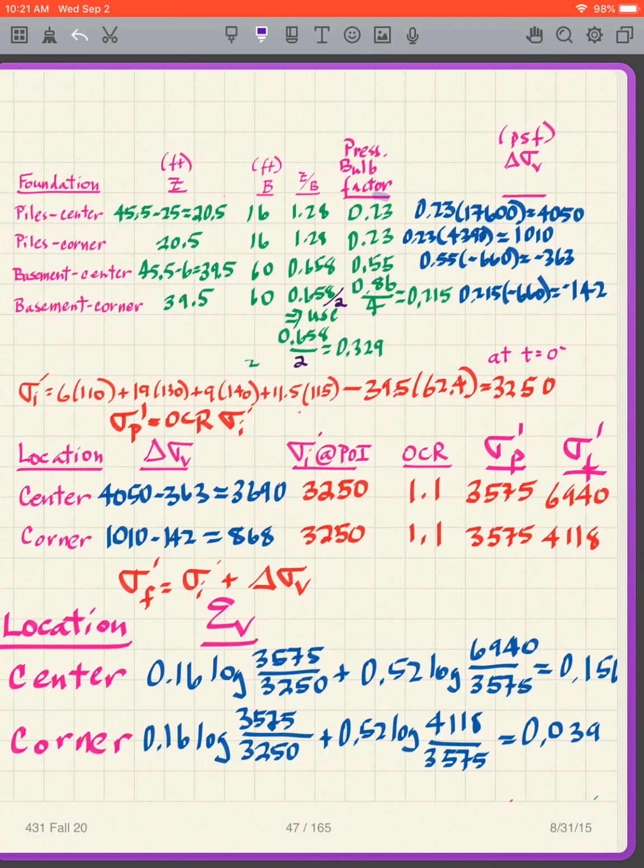We take these pressure bulb factors and multiply them times our Q from the previous page. Notice that our Q for the center column is different from the Q for the corner column, whereas when we do our basement, these two are the same.